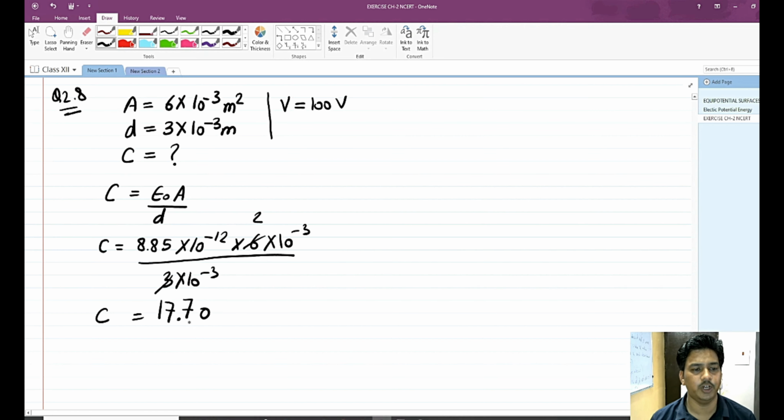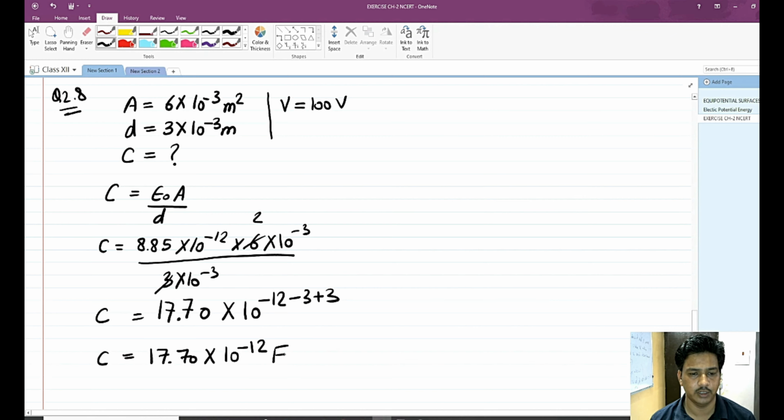So 17.70 into 10 to the power minus 12, minus 3 plus 3. So C is equal to 17.70 into 10 to the power minus 12 farad, or C is equal to 17.7 picofarad.